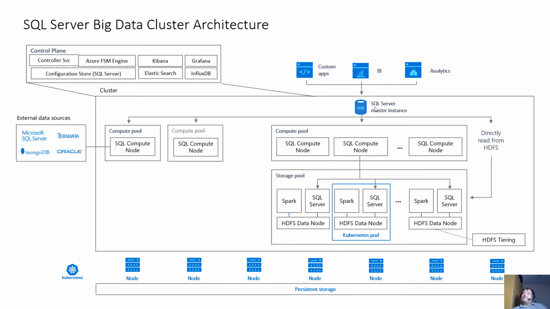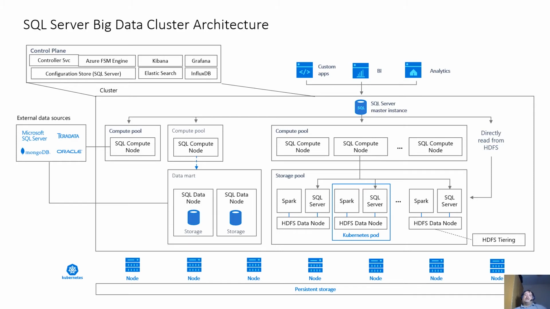It will be a bit slow, acceptable for the purpose of the access, but it will be slow. How can we solve this? We can bring data marts to our environment. We can bring small portions of data to our environment and process this data in our environment. That's what the data pool is.